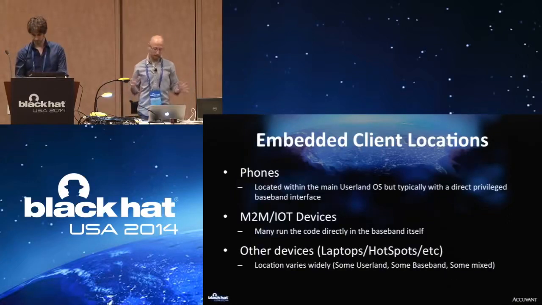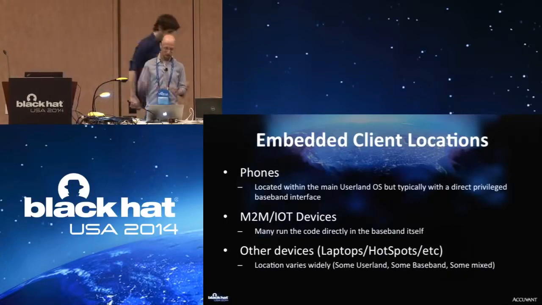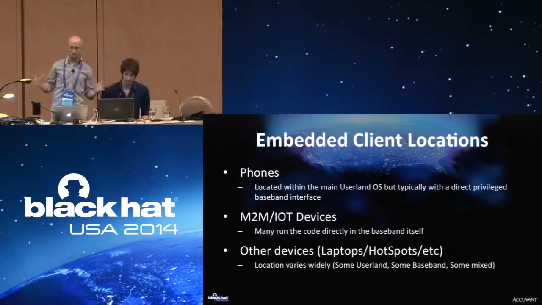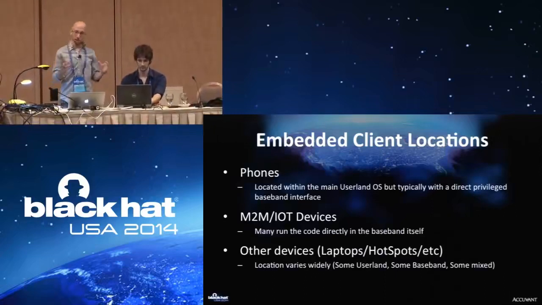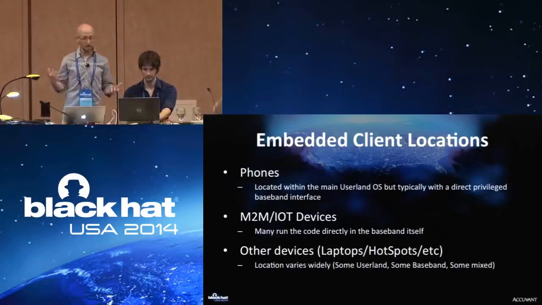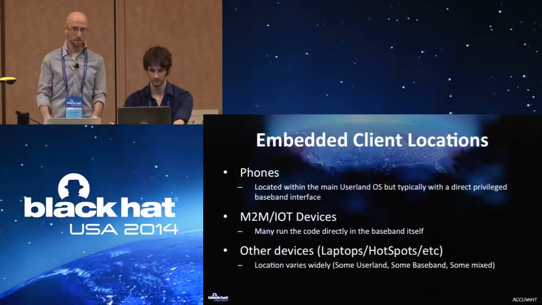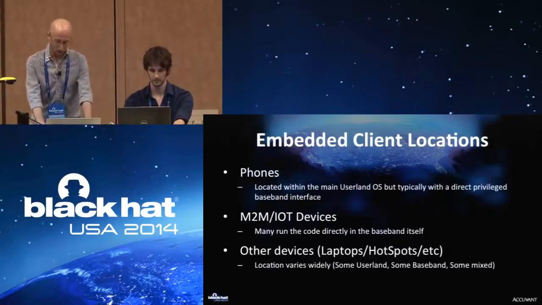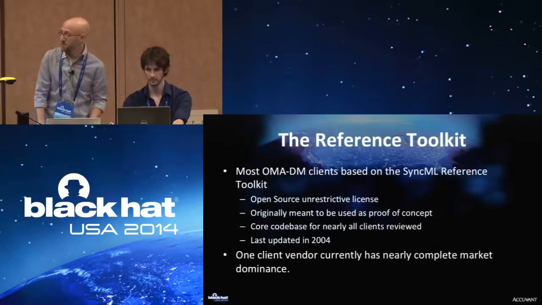On embedded M2M devices, the code actually runs directly in the baseband. We've got a carrier-controlled piece of code running directly in your baseband. On other devices, it really depends. I've seen it on hotspots where it's in the baseband, and I've seen it where it's in userland, some mixes, partially. Can't quite tell.